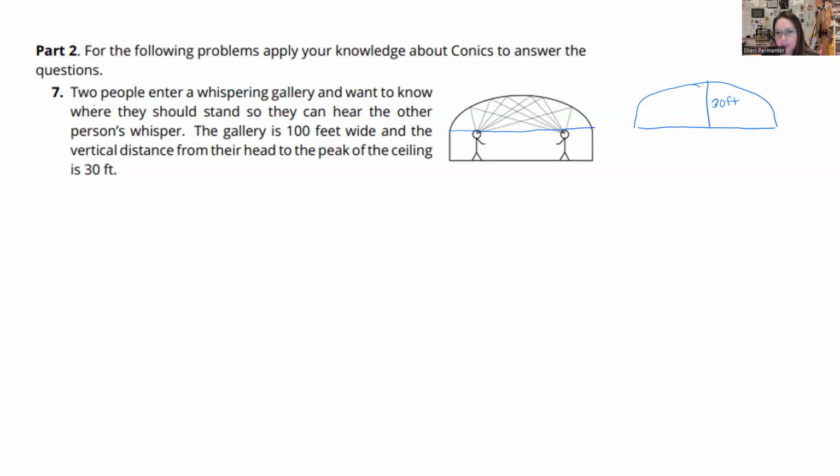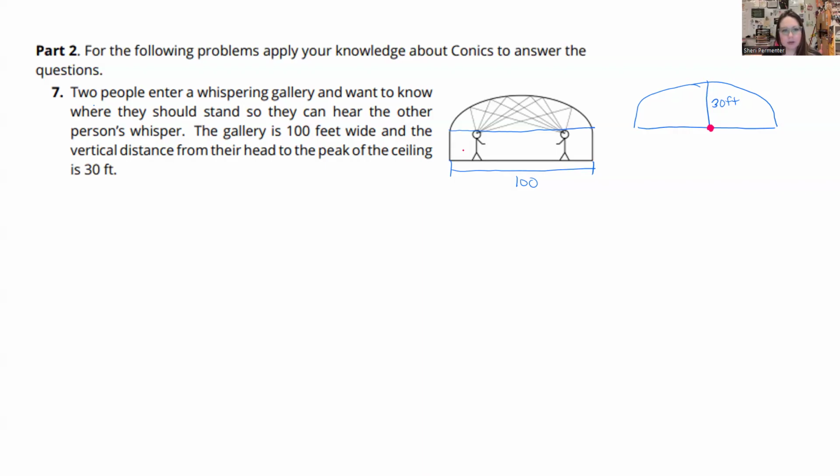So from here to here, this is 100 feet wide. When we talk about an ellipse, if we imagine this to be our center, it wants to know where they stand. It doesn't say in the problem, but it's assuming that you know these people need to stand at the 2 focus points. So we really just need to know C.